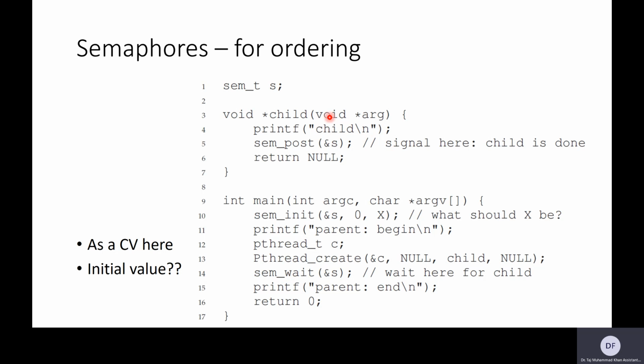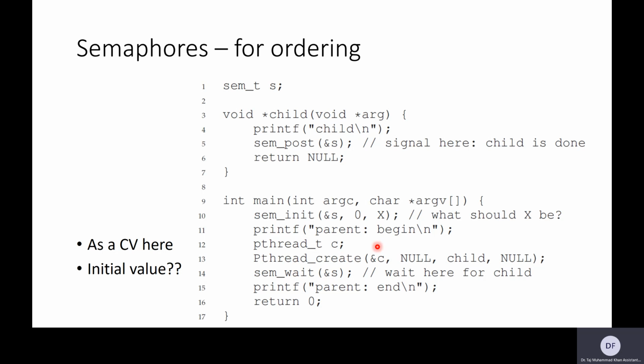The child has been created, it will ultimately run, it will finish its task, and it will call sempost. Sempost will increment the value, which will become 0, and sempost will then see if there are any threads waiting for this semaphore, and it will wake one of them. So the main thread is waiting for this semaphore, and it will be woken, and it will return from semwait and continue its execution. So this is the first scenario.